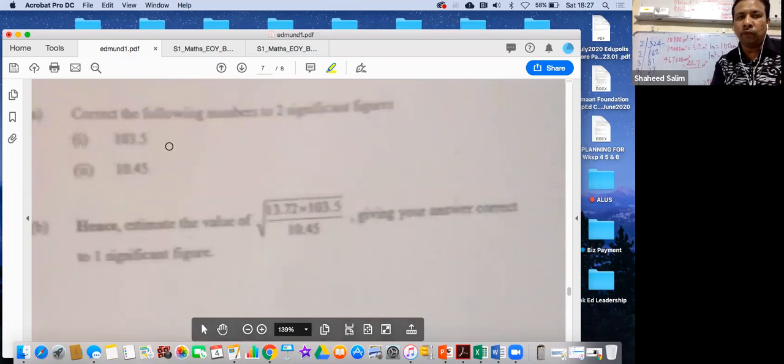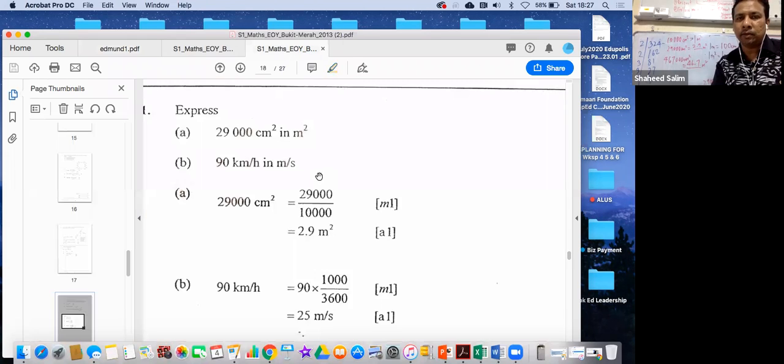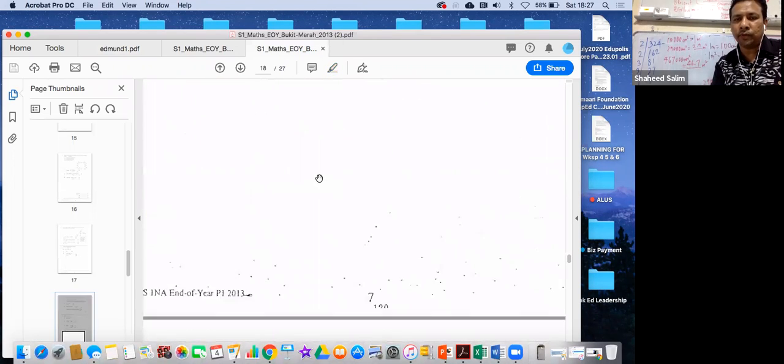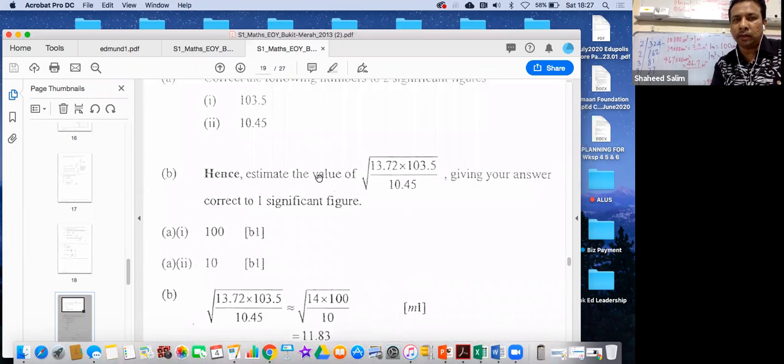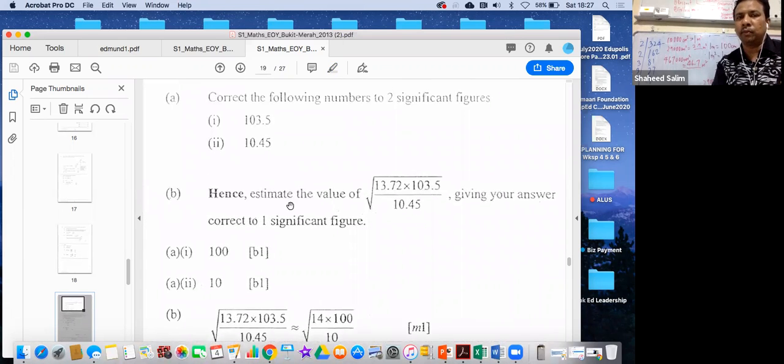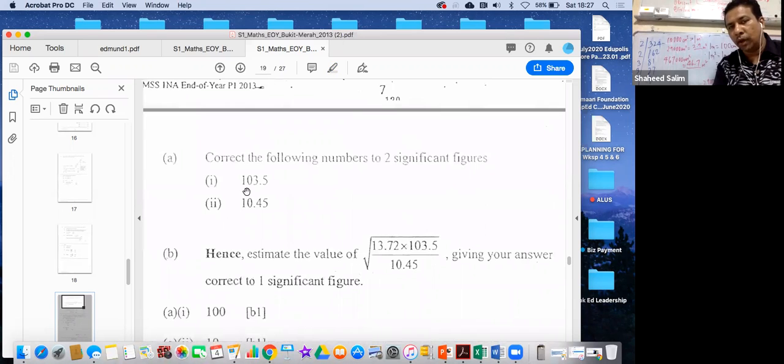You go for the first two. Okay, let us see now. Down here, you have your first answer is what? A is 100. Why is it 100? Because they want the first two only. You have 2 significant figures, so the rest must be 0.